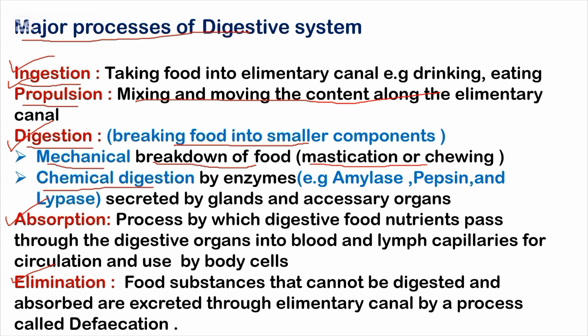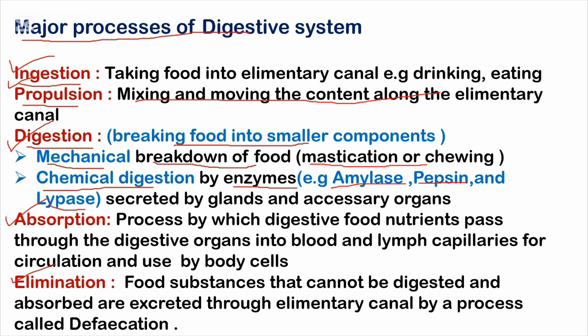Chemical digestion is done by various enzymes that are secreted from glands and organs. For example, the amylase enzyme helps in digestion of carbohydrates, pepsin helps in digestion of proteins, and lipase takes part in digestion of fats.